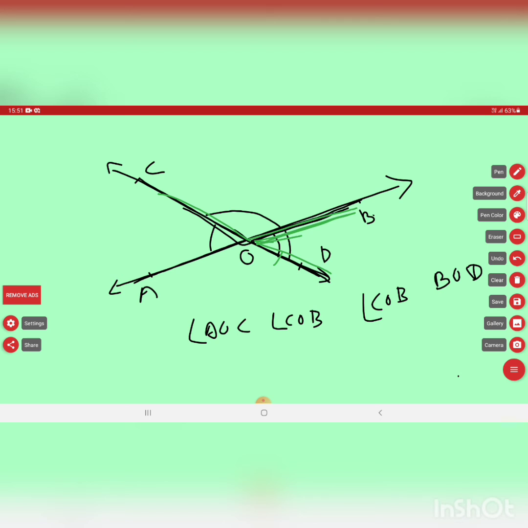Same way, AOD and BOD are a linear pair. Then AOD and AOC are also a linear pair.